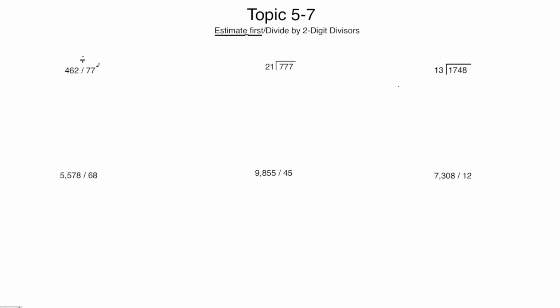So, remember, with the divisor, you can estimate it, say to 80. But don't forget, we have to use compatible numbers. And 8 can go into 46, so we can make it go into 4600.